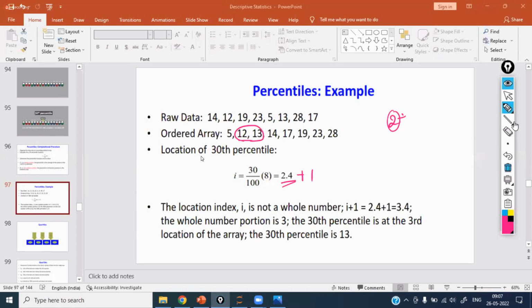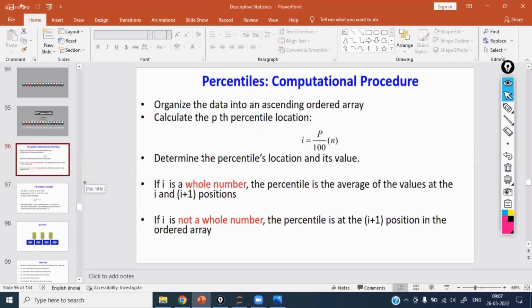That is the meaning. As a whole number, you take the average of the number you have got here, 2 and 3. If you have not got a whole number, you have to take plus 1 for that and convert it to a whole value.